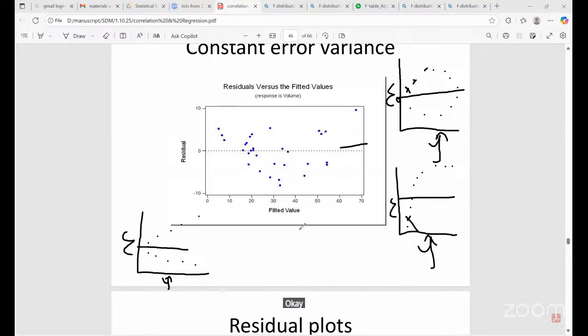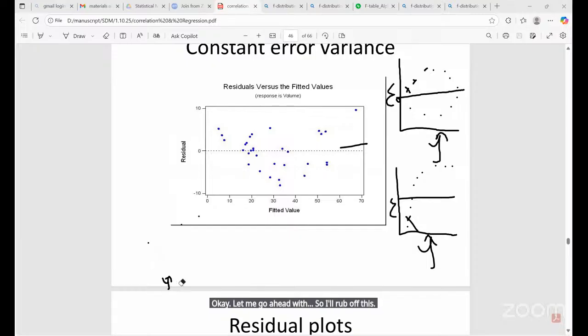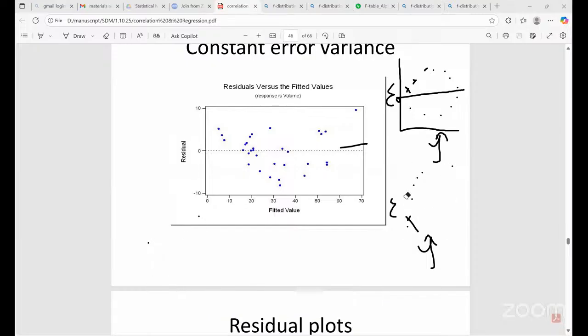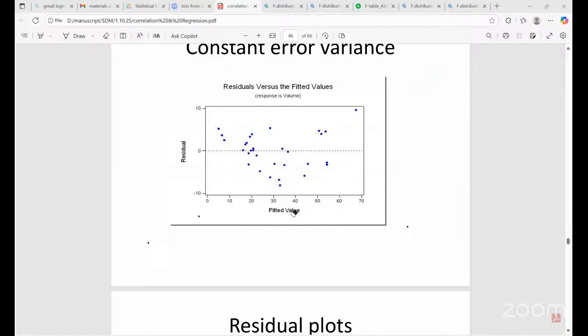Okay. Let me go ahead, so I'll rub off this. Let's look at other plots.